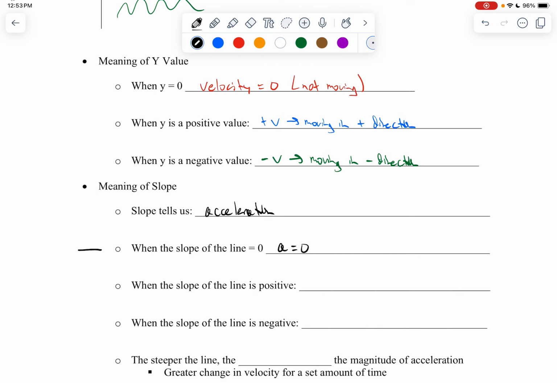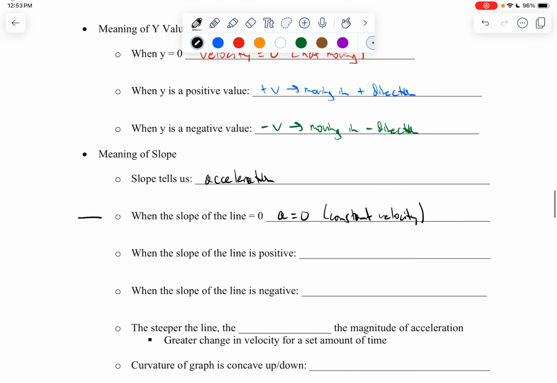We're going to be moving at a constant velocity. If we have a slope that's positive, it just means we have a positive acceleration. If we have a negative slope, it means we have a negative acceleration.